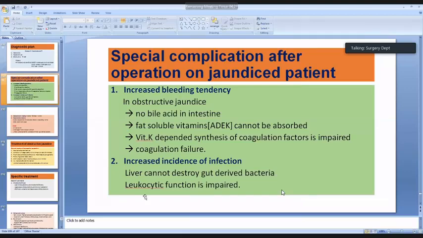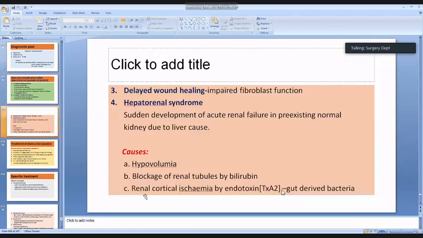We cannot directly improve the leukocytic function and liver function, but indirectly we can reduce the source of bacteria by preparation of the gut with sterilizing antibiotic and laxative. Third, delayed wound healing. This is due to impaired fibroblastic function in jaundice.